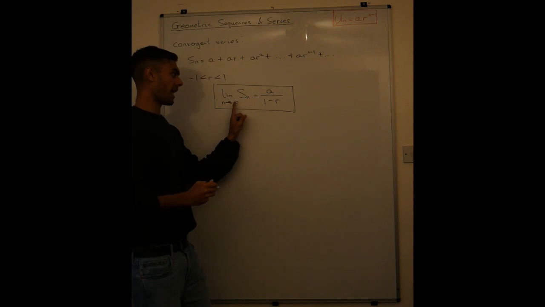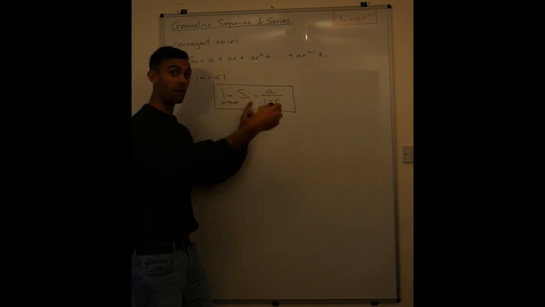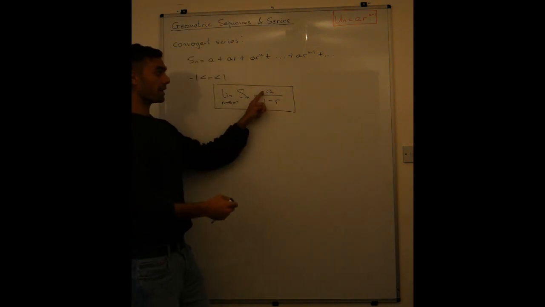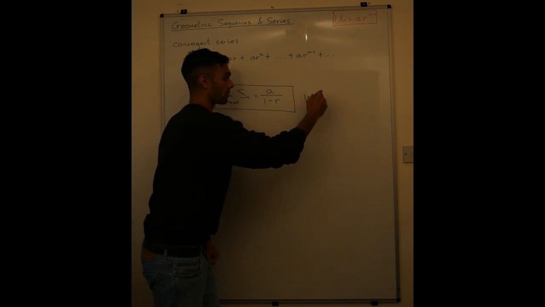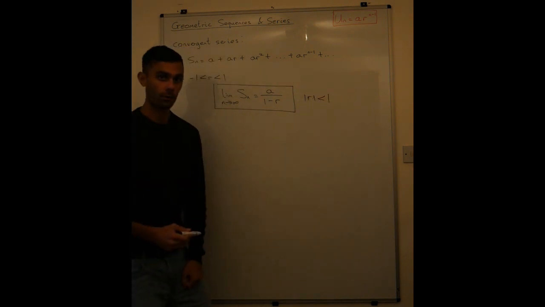So Sn, as n gets very, very large, the way to work out what that sum is approaching is a over 1 minus r. And it only works when r is between minus 1 and 1.